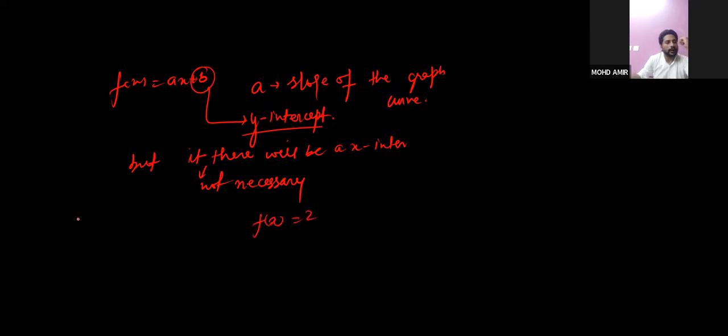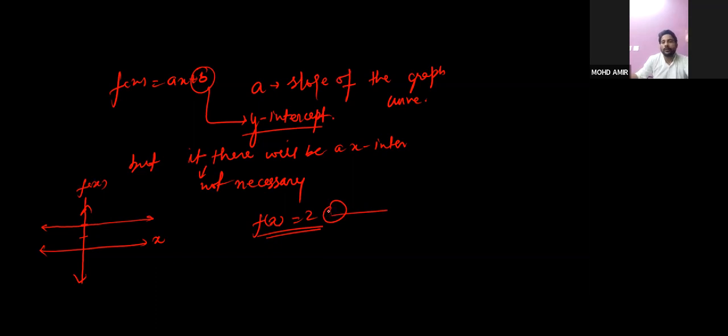If we plot it on the graph, its graph will be something like this. Its curve will go from here. This is x, this is f of x. For every value of x it will give 2, because it is a constant function. We don't have any x here, so for any value of x it will not change. That's why it will always have a y-intercept but not an x-intercept.